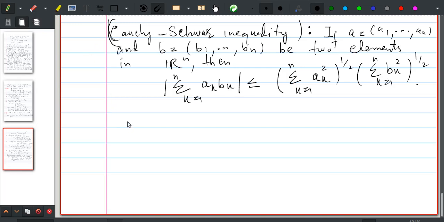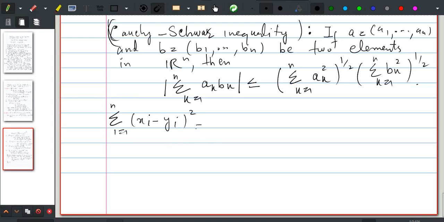Let us consider the expression sigma i runs from 1 to n of (xi minus yi) square.